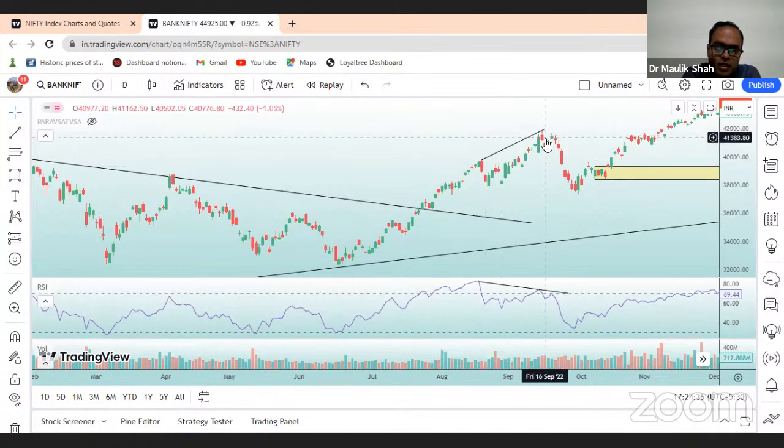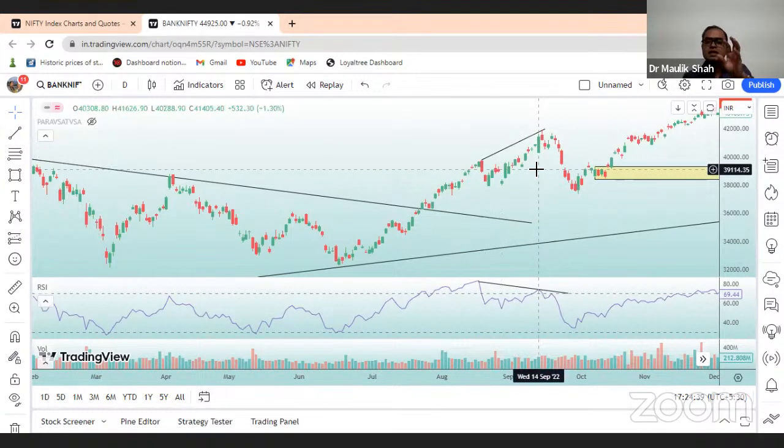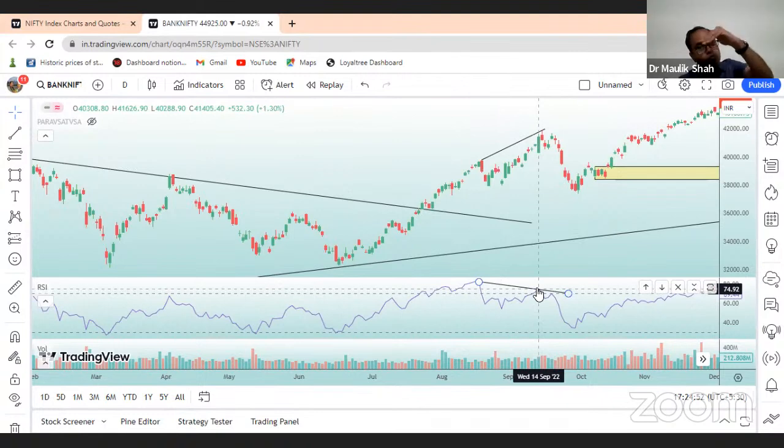Basically what happens is RSI is a leading indicator. So RSI will always give an expected movement ahead. If RSI is making a lower high, that means the price is going down; the probability of the price going down is more.